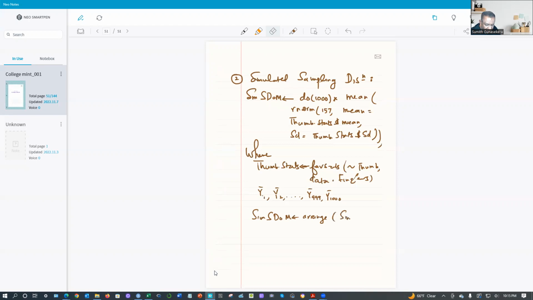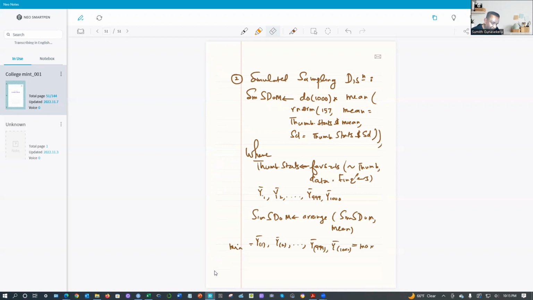Go to the data and pick the variable mean. Once you arrange, you have the minimum to the maximum. Then you can get the lower bound and upper bound easily.